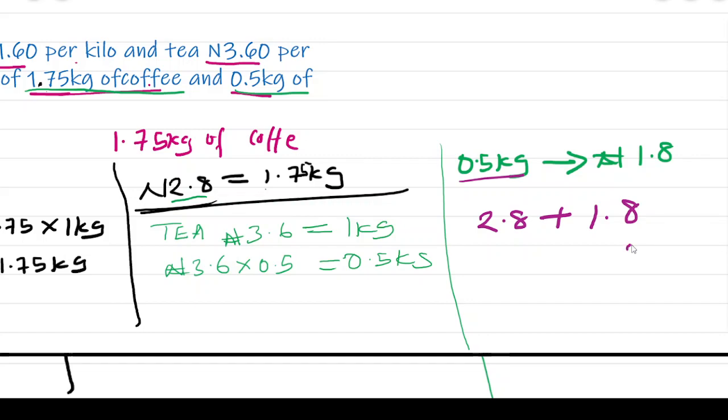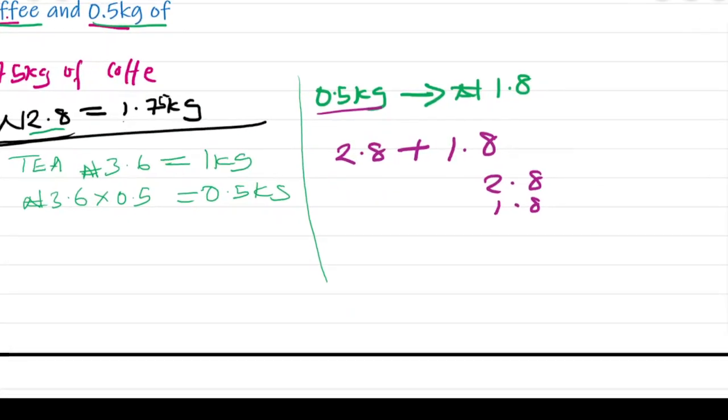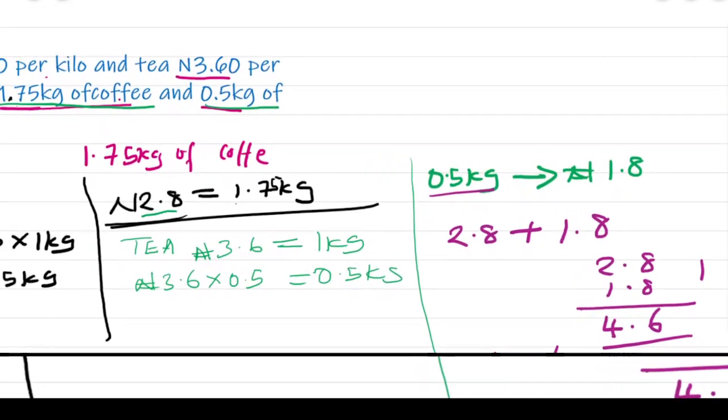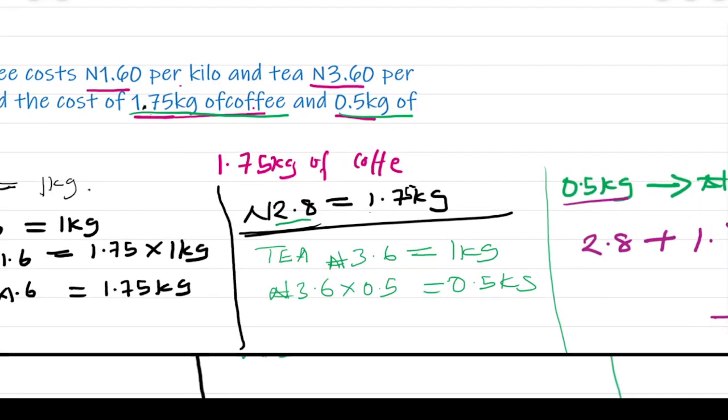So when we add 2.8 and 1.8, we get 4.6 naira. So everything total gives us 4.6 naira as the cost of both the coffee and the tea.